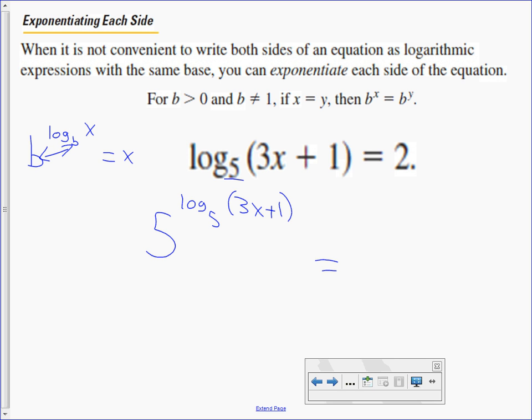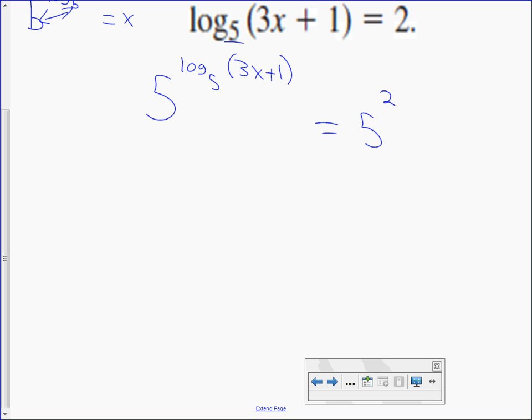Exactly, which means I have to do 5 squared over there. By doing that step, those two bases are now identical, which allows the exponent to drop. And you get a two-step equation.